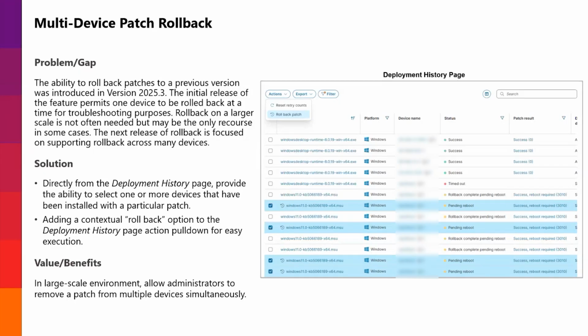Well, if you think about the use case where you have a bad patch, you install it on a machine, and it needs to be rolled back, it probably needs to be rolled back from multiple devices. Previously, you would have to roll those back one at a time. But here you can see you can select that same patch for multiple devices, and you have an action now to roll back all of those simultaneously without having to do them one at a time.